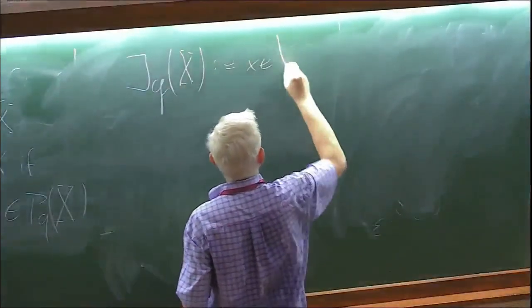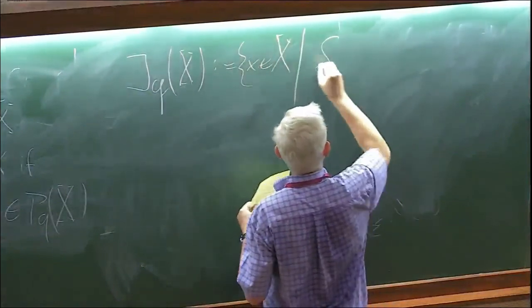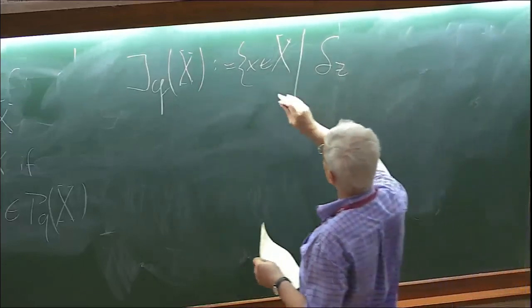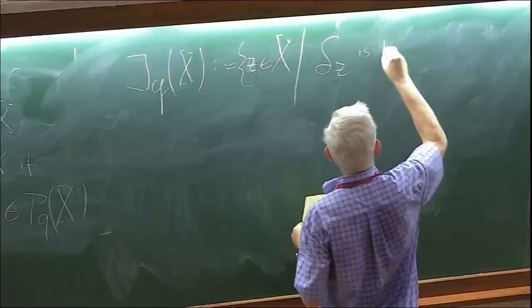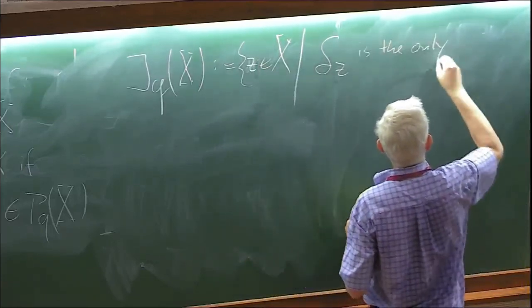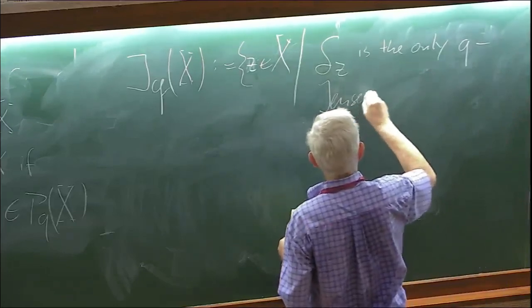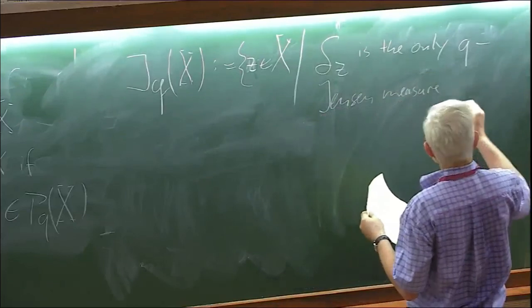These are the points c in X such that delta_c, the point mass at c, is the only q-Jensen measure for c.